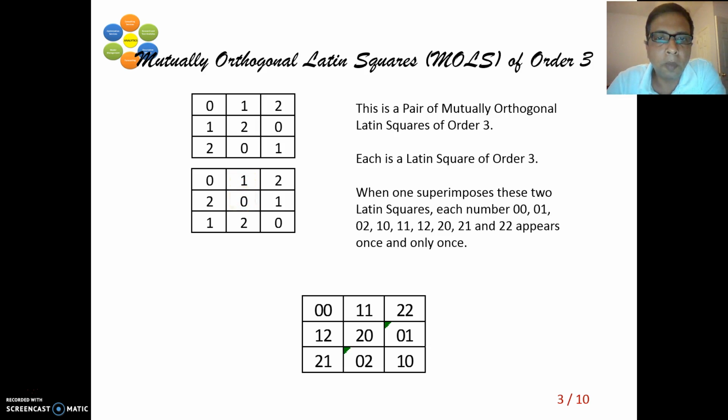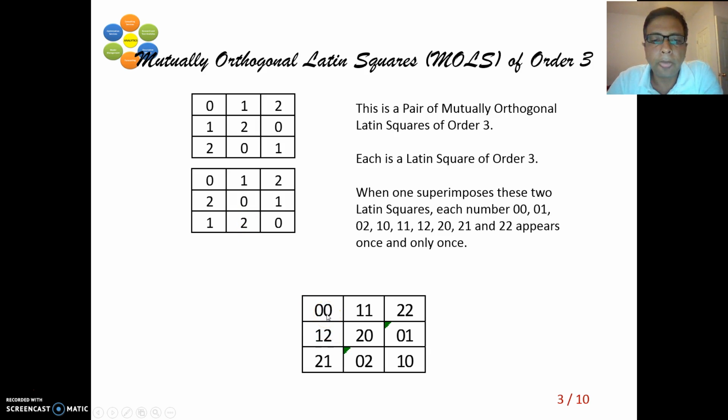But on top of that, these two are mutually orthogonal, because if you superimpose them, we get these values. If I superimpose the first Latin square with the second, the first box would be 0 0, because it is 0 here, 0 here. So the first box is 0 0, then it is 1 here, 1 here, so the next box is 1 1, then 2 2, then it is 1 here and 2 here, so the pair 1 2 appears here.